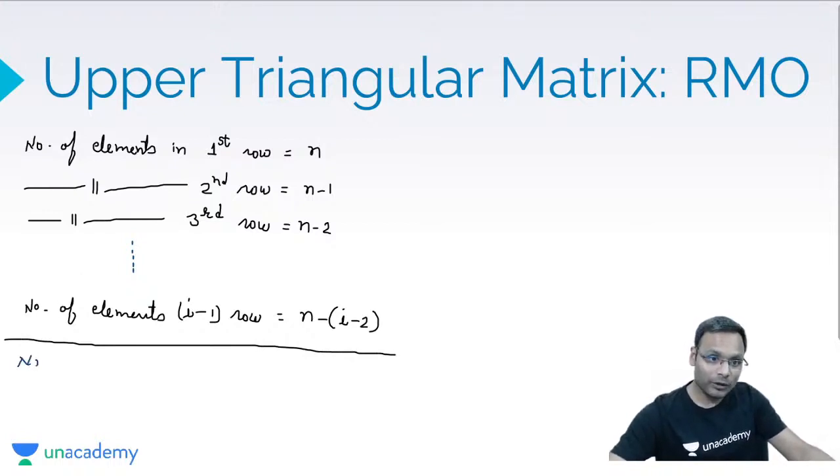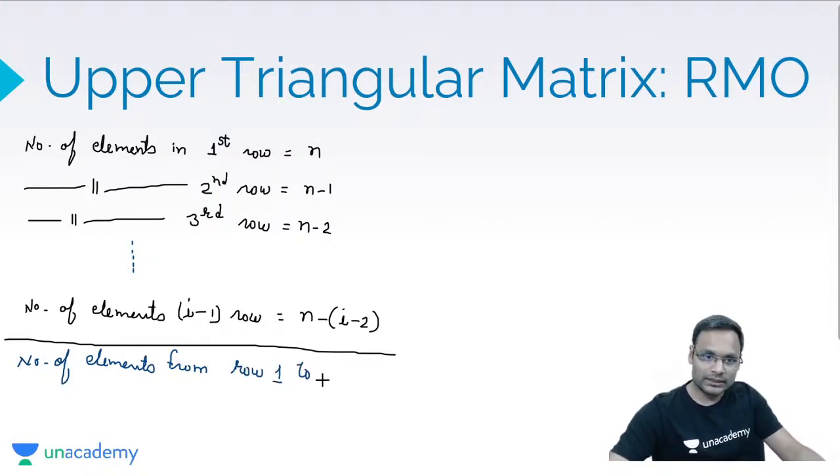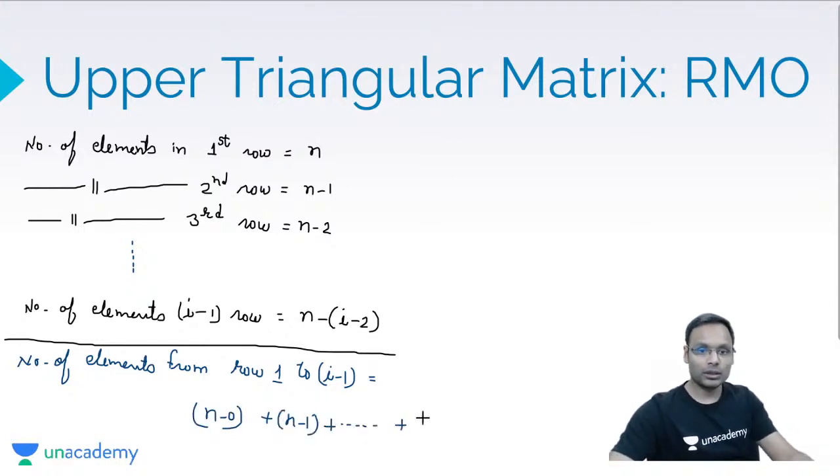How many elements from row number 1 to this I minus 1? It will be n minus 0 plus n minus 1 plus n minus 2 up to n minus I minus 2.